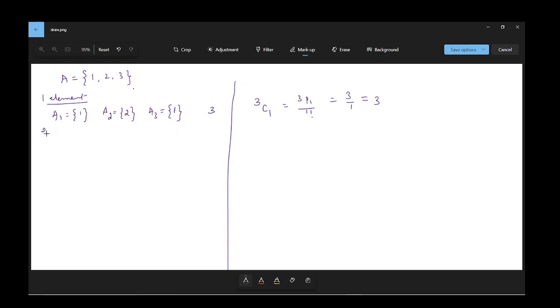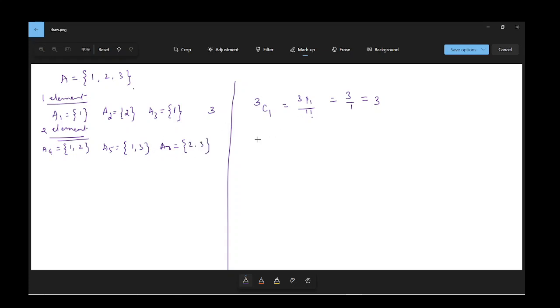Similarly, when you take two elements at a time, the different combinations are A4 equal to 1 comma 2, A5 is 1 comma 3, and A6 is 2 comma 3, and we don't get any other options.